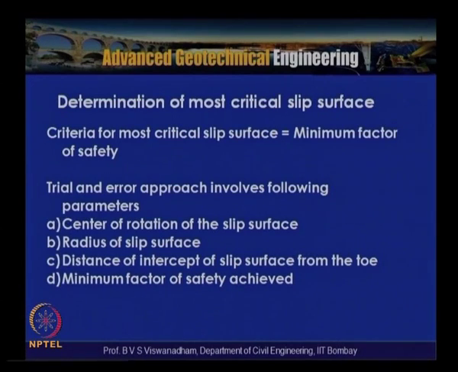When each center in the grid is analyzed for a number of slip surfaces, the center which gives the least factor of safety is treated as the minimum factor of safety. If the selected grid is inadequate or inappropriate, then one needs to reselect the grid in such a way that the minimum factor of safety is achieved.